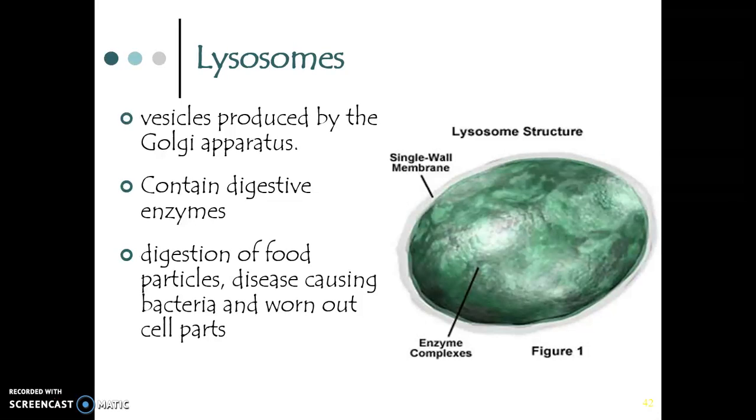It's going to digest food, break it down into parts that the cell can use, and bacteria that could have caused disease or killed the cell. If a lysosome gets a hold of it, it will digest it and break it down. Also, these organelles we're talking about sometimes get old, get worn out, and aren't working as well. So the lysosome will digest it, break it down into its component pieces so that those parts can be reused. So back to our city analogy, the lysosome would be like the garbage dump and recycling center of our cell. In images, they just kind of look like little bubbles because they're just little sacs that digest things for you.